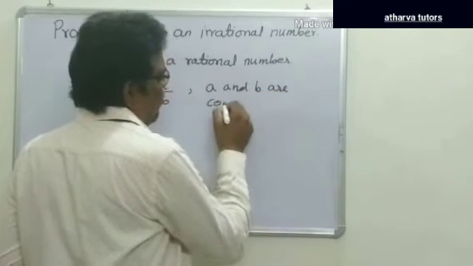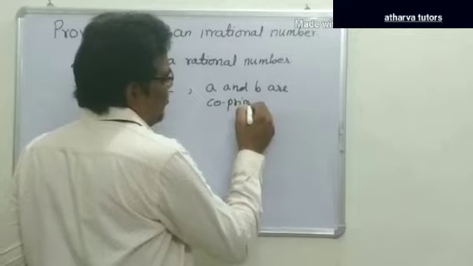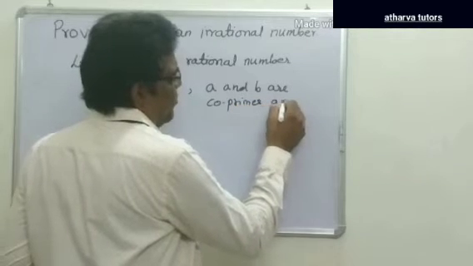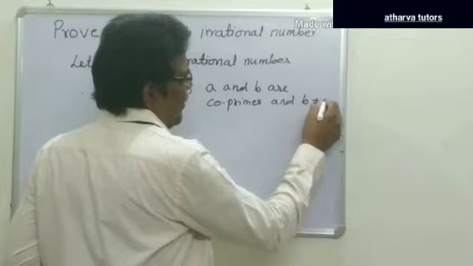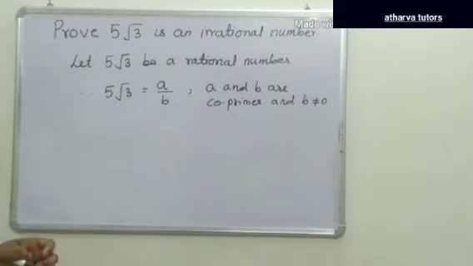You know what it means by co-primes? A and B are co-primes, and B is not equal to 0.